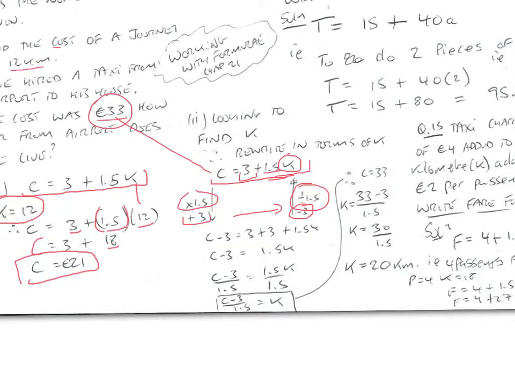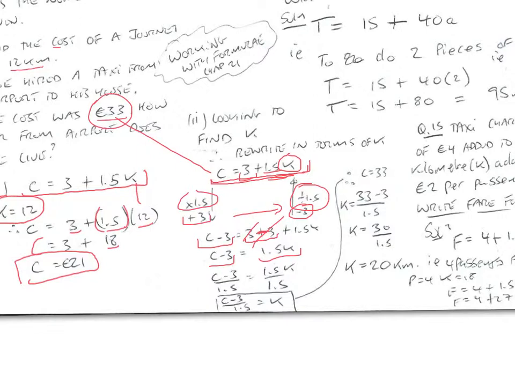So we're going to rewrite C equals 3 plus 1.5K. So we have on this side C minus 3 equals 3 plus 3, it should be C minus 3, apologies, plus 1.5K. So these two will cancel because we've added this minus 3 to both sides. So that'll leave us with C minus 3 equals 1.5K.